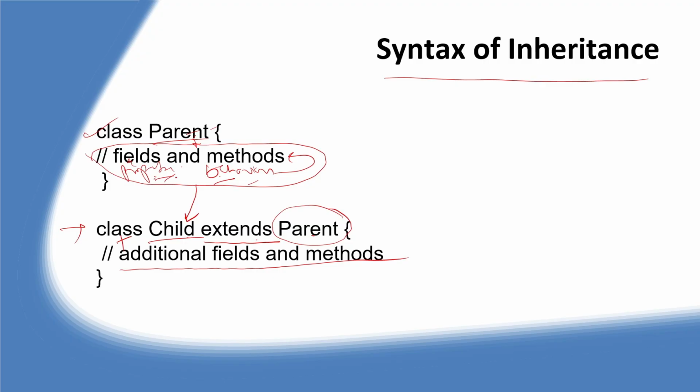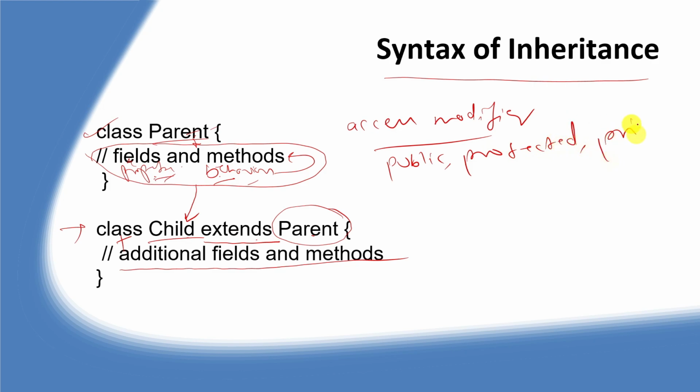The answer is, it depends on the access modifier. We have seen access modifiers, right? What are those? Public, protected, private, and default. These four are access modifiers.